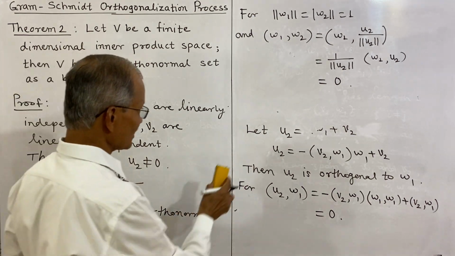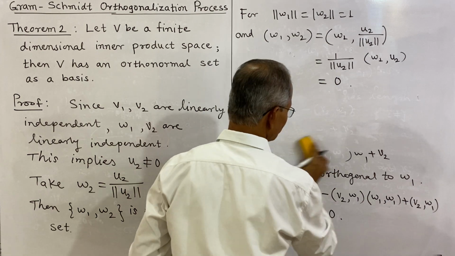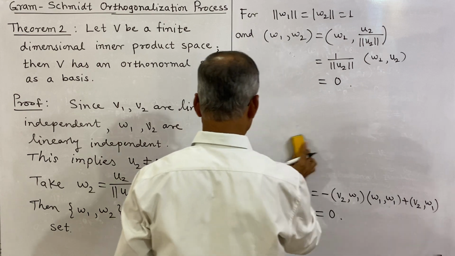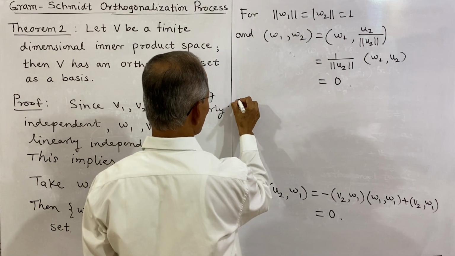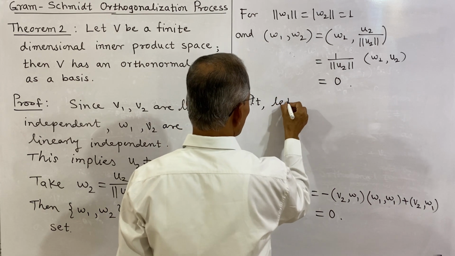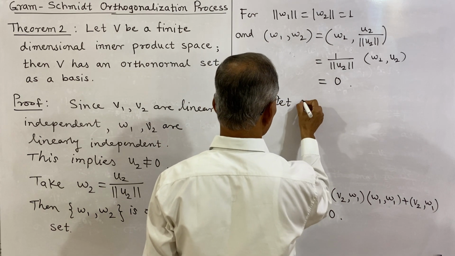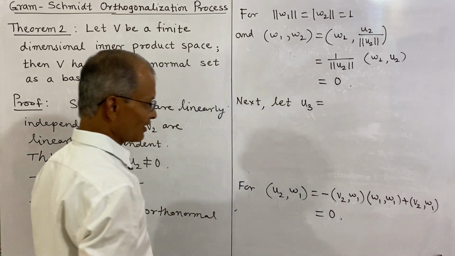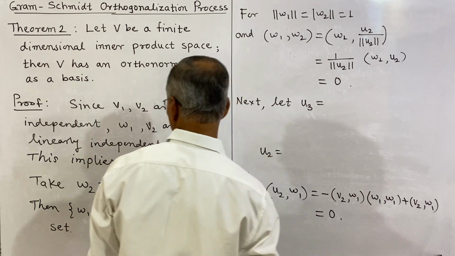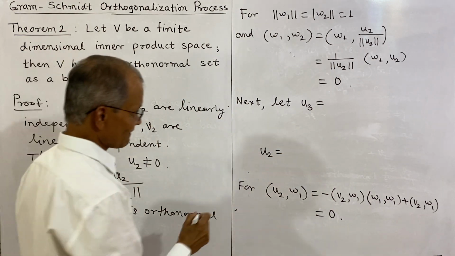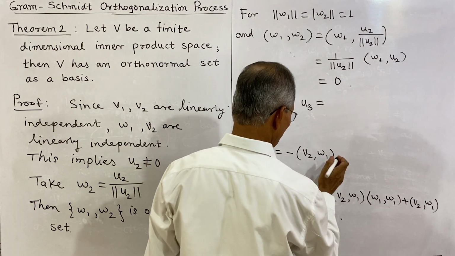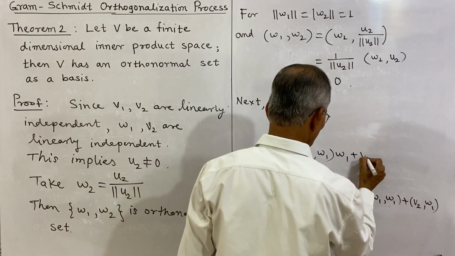Further, we shall now consider U3. How to consider U3, that we shall see. Earlier, U2 we have written as U2 is equal to minus the inner product of V2 and W1 multiplied by W1 plus V2.